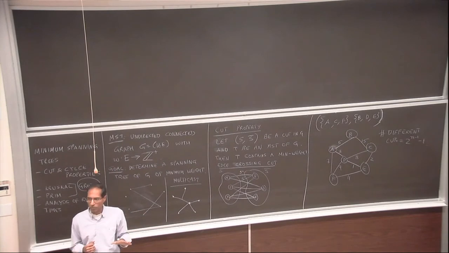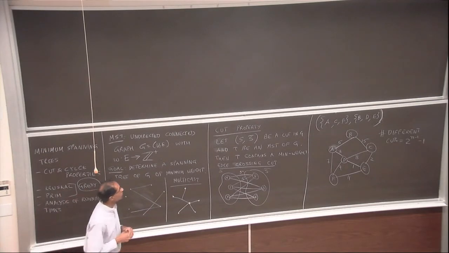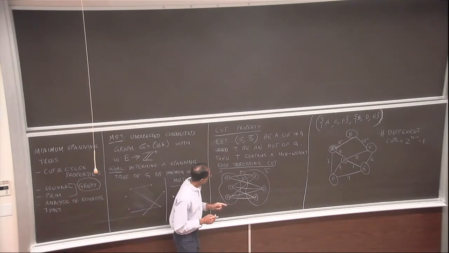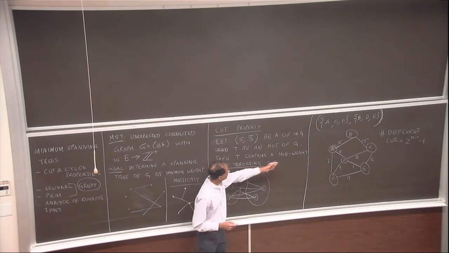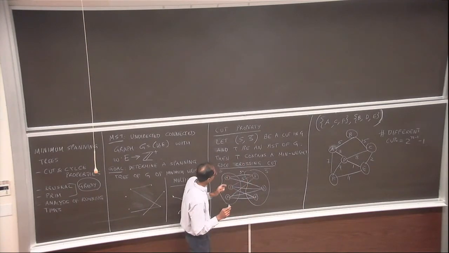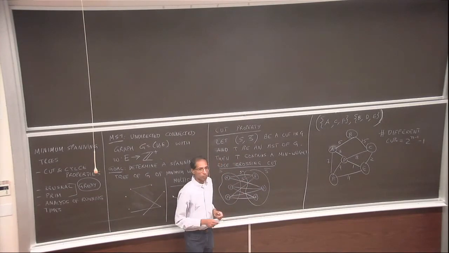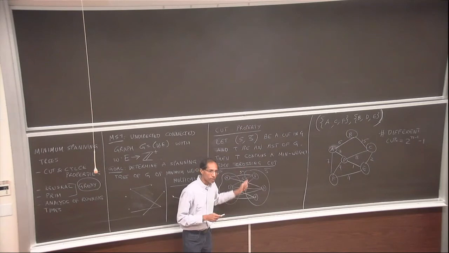Any questions about the cut property? Yes. You say there could be many minimum weight edges. Does there have to be some sort of threshold where you consider something a minimum weight edge versus not? No. What I mean is, you look at all the edges crossing the cut, and pick the one that has the least weight among these.